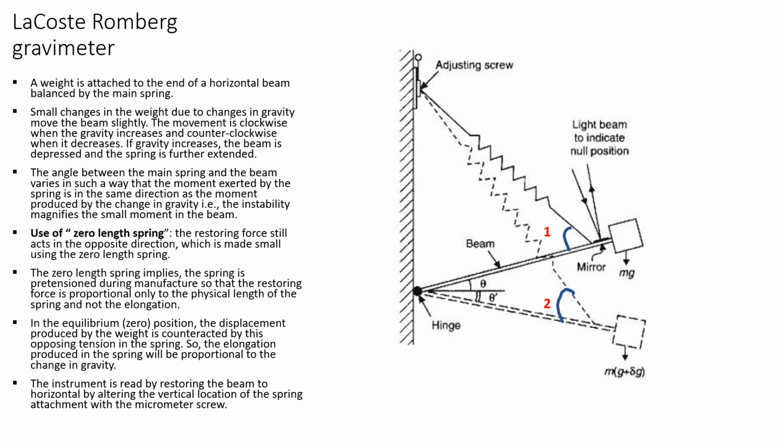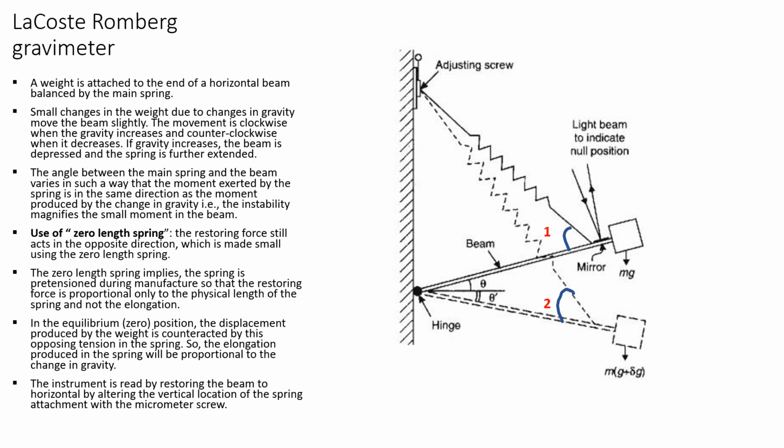And so when the weight changes, the angle between the beam and the main spring decreases or increases, and this angle determines whether the turning movement exerted by the spring would be in the clockwise or the anti-clockwise direction. But in this case, what happens when the beam is depressed because of an increase in the value of gravity? The angle decreases, and so the movement exerted by the spring is also in the same direction, and so displacement again increases within the spring.